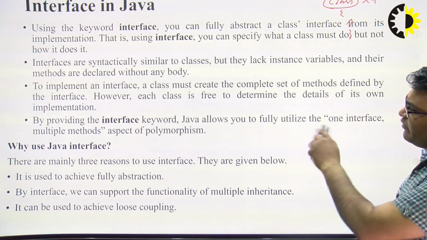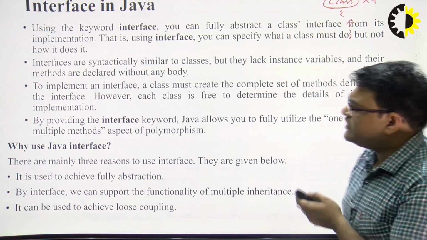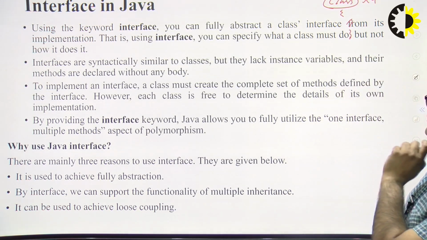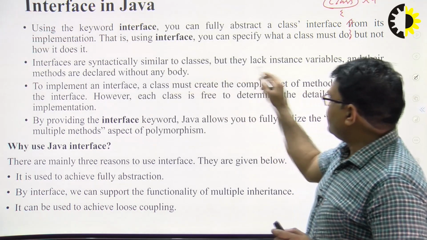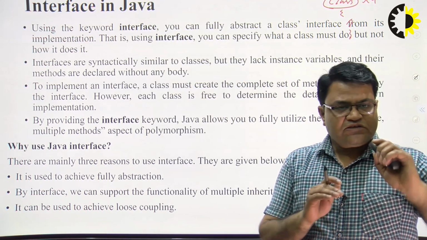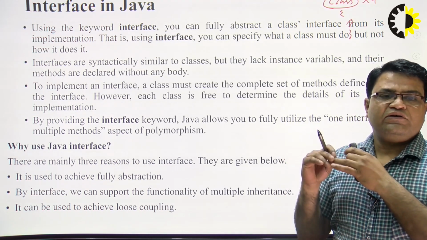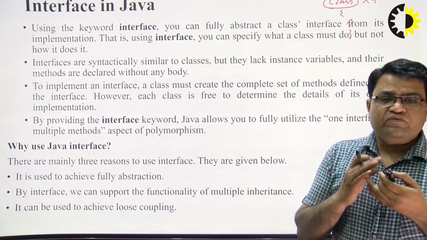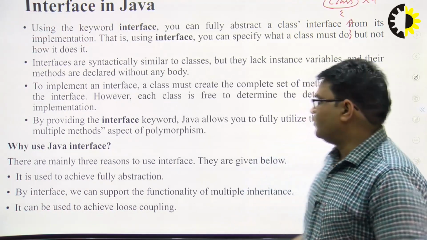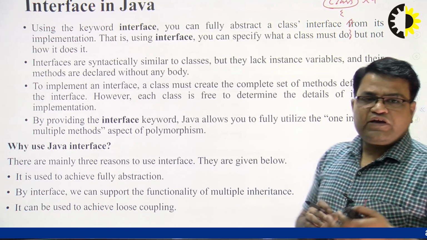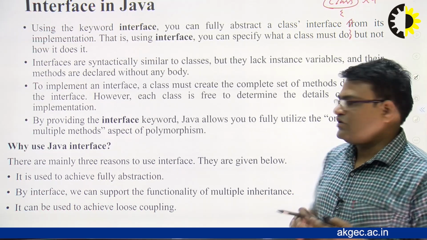To implement an interface, a class must create a complete set of the methods defined by the interface. However, each class is free to determine the details of its own implementation. An interface is similar to a class, but lacks instance variables. Instance variables cannot be declared inside it. If we declare a variable inside an interface, it should be final, and we cannot create an object of that particular interface, just like an abstract class.